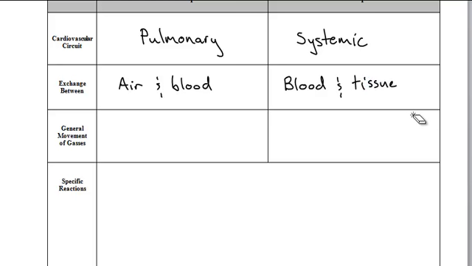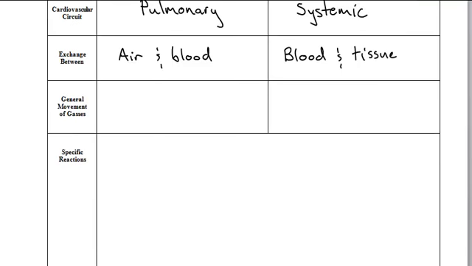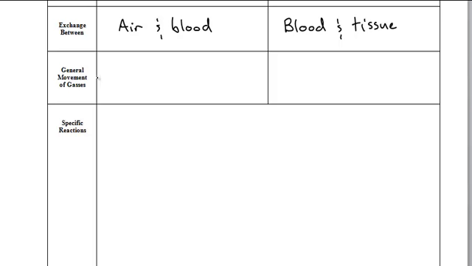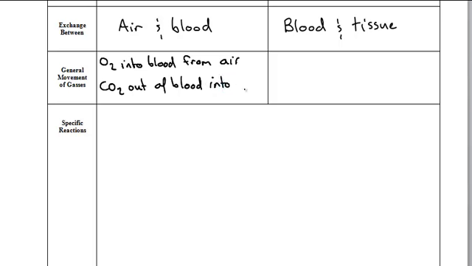In the general movement of gas, the purpose for this, in the external respiration, we have O2 into blood from air and CO2 out of blood into the air.